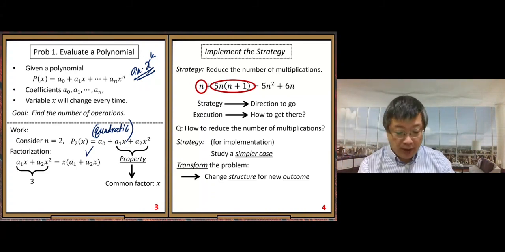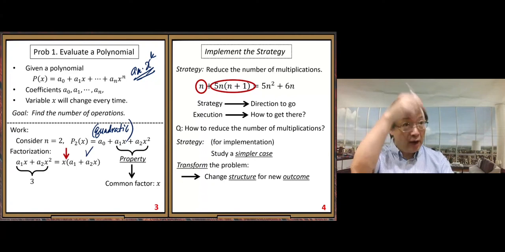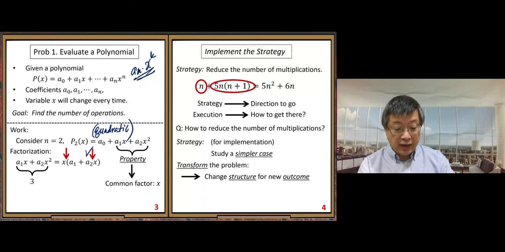But if we look at the multiplications in the second expression, that's quite different. The first multiplication is here, this red arrow sign. The second one, a2 times x. And we only need to do these 2 multiplications.